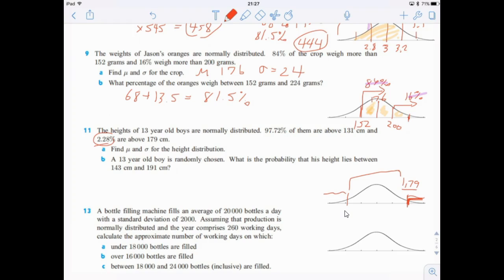97.72%, which happens to be 100 minus 2.28%, are above 131. And so that's going to be these people here. Okay. So, we know that this marker is 131. This marker is 179. So, can we figure out the mean now? Yeah, because it's halfway between 179 and 131.